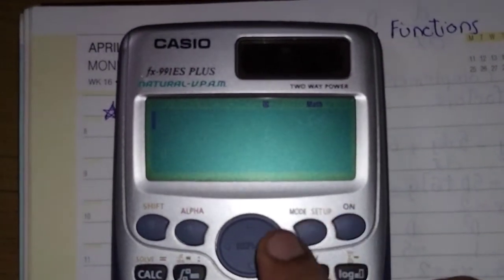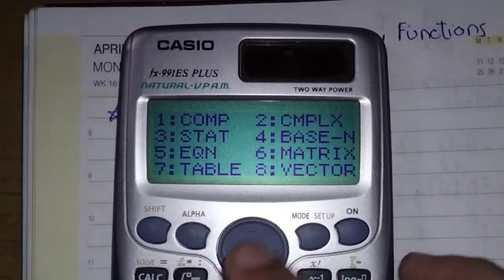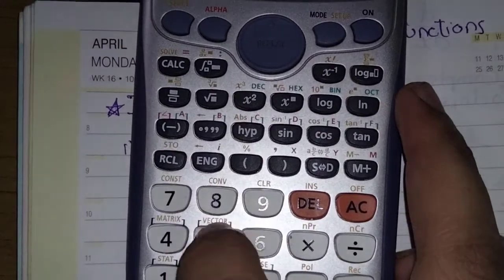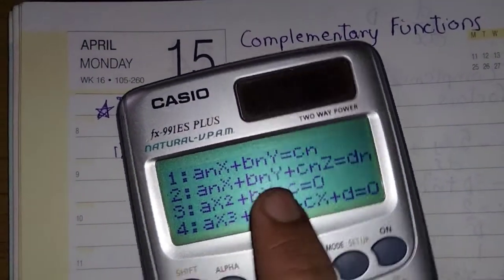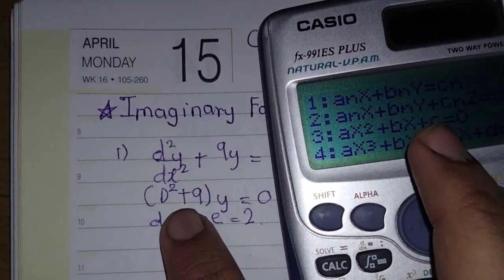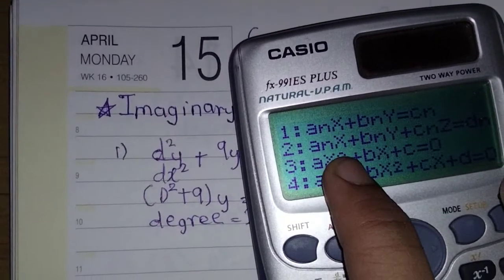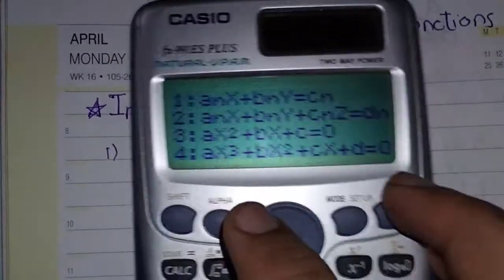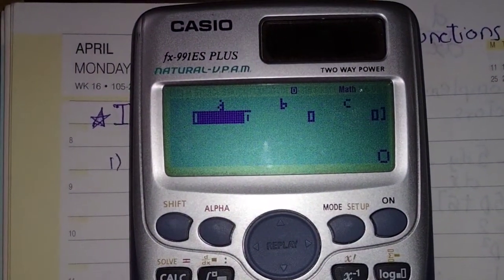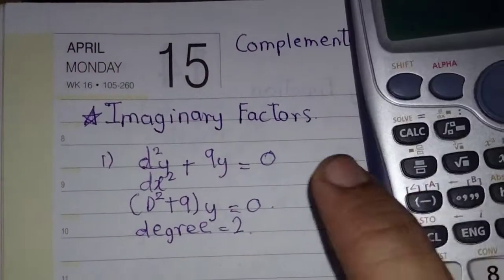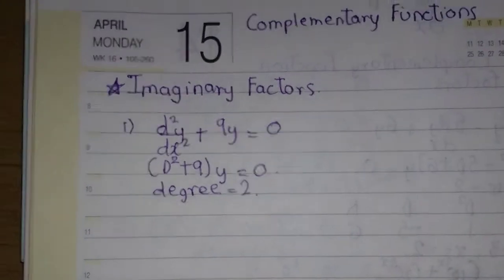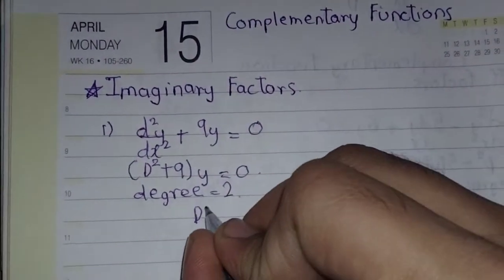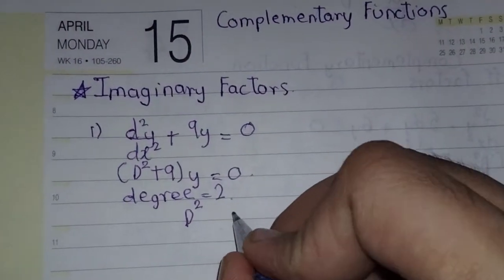You have to press mod and you have to get the equation. You have to press 5 and then 3. The highest power here is 2, so pressing 3, pressing the values. First we should know what values we have to put in the calci.